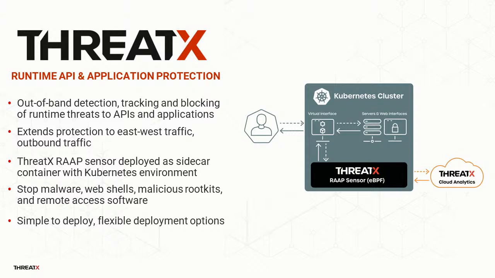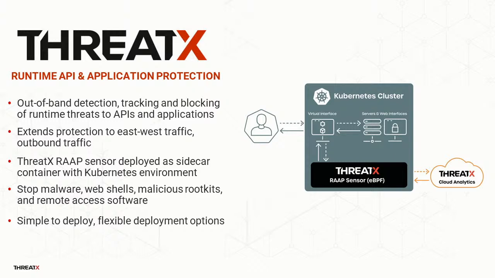The ThreatX Wrap solution is easily deployed as a sidecar container within a Kubernetes environment. Leveraging the eBPF technology, ThreatX Wrap enables deep network flow and system call inspection, process context tracing, and advanced data collection, profiling, and analytics.